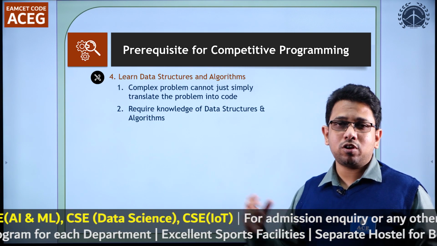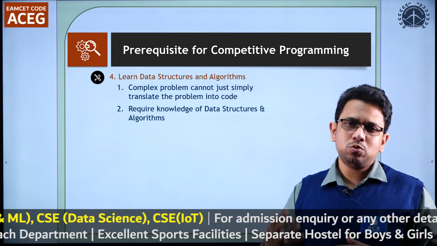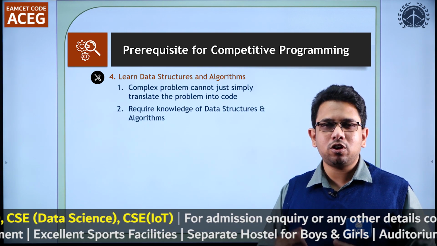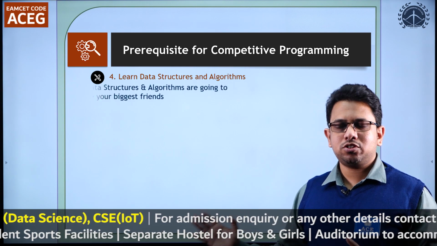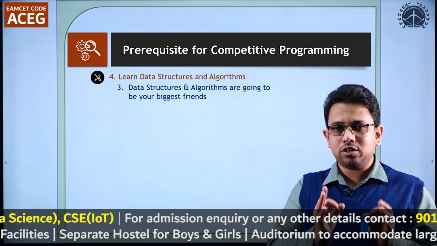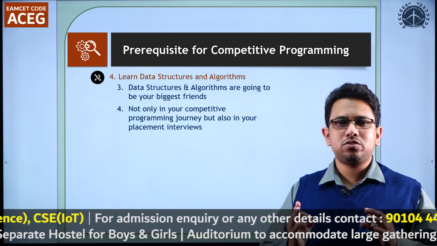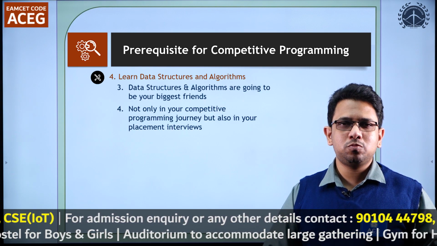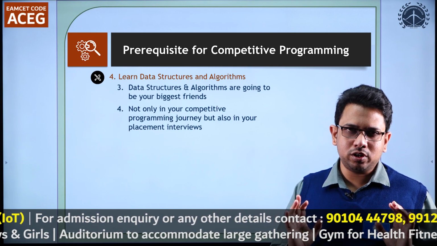Dynamic programming, backtracking, all these strategies will help you optimize your code. In further series, we will learn how to optimize code using these strategies. Data structures and algorithms are your best friend in competitive coding. Not only in competitive coding, even for your interviews, they are considered your best friend, and one needs to master data structures and algorithms to crack competitive coding.